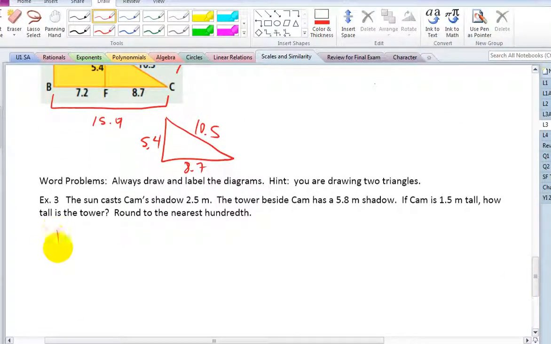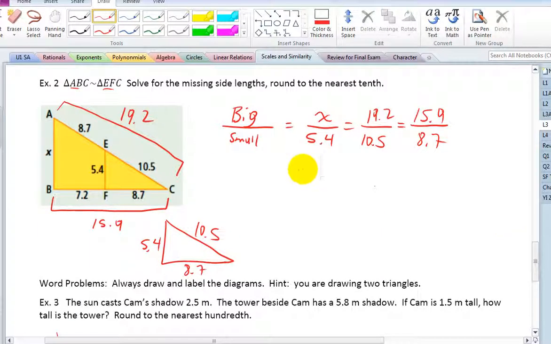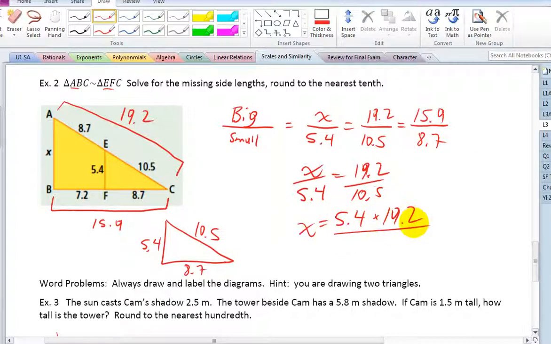Okay, so here we have, oops, I screwed up, wrong question. 5.4 times 19.2 divided by 10.5.